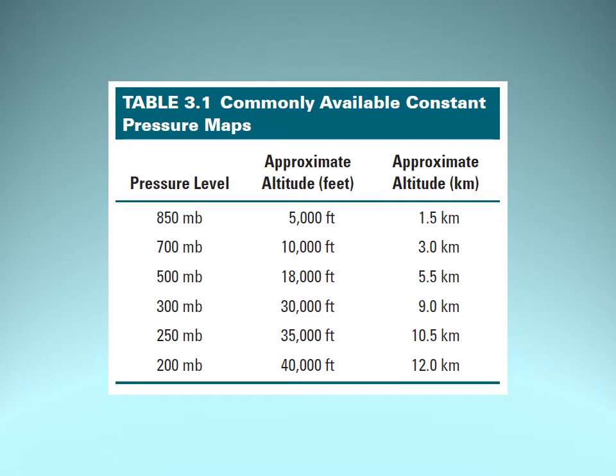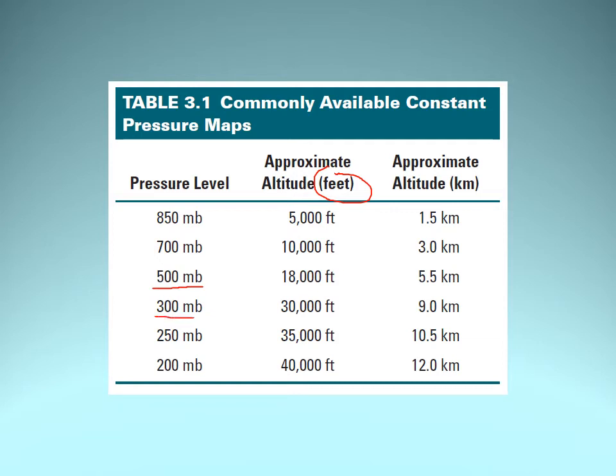So these are the approximate altitudes of various pressure levels. I like to just concentrate on the feet, for example. Now remember, this is just average. And the pressure values that we use most often are 500 millibars, because that's roughly halfway up the troposphere.